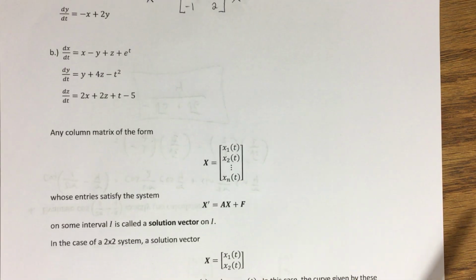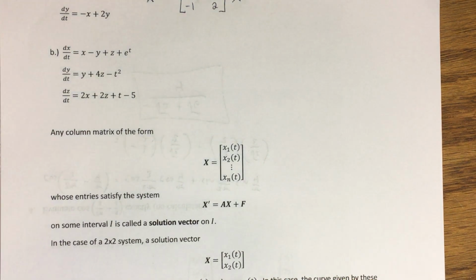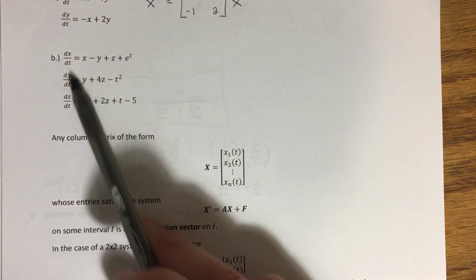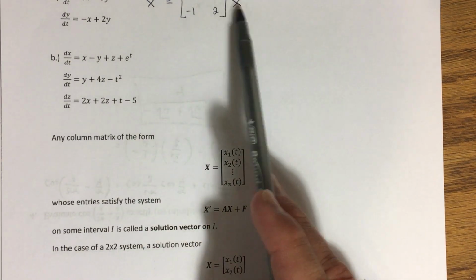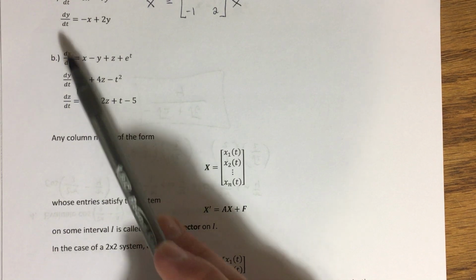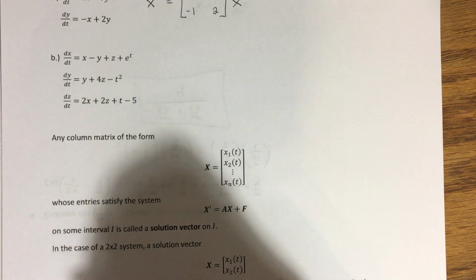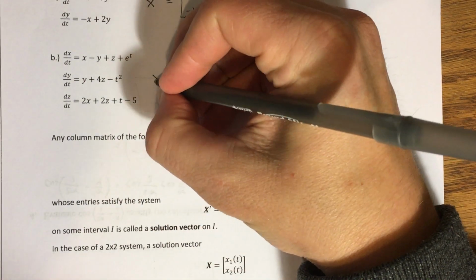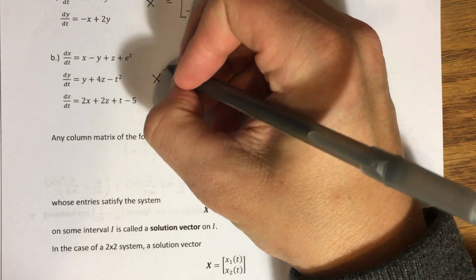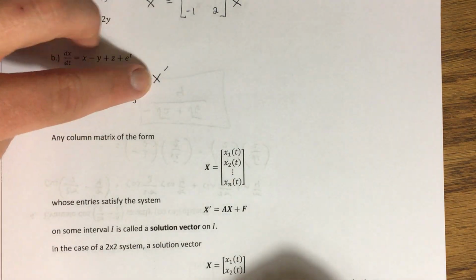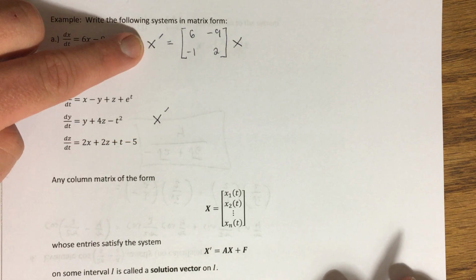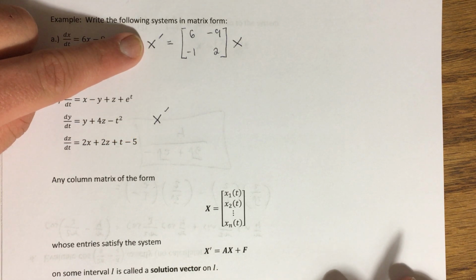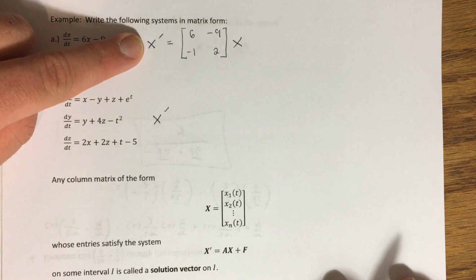Okay, let's look at a 3x3 system, which is a system of 3 equations with 3 unknowns. Same idea. This time my column matrix X will consist of x, y, and z as its entries, but I'm still going to just refer to the left-hand side as X prime. Now this X prime and this X prime are different matrices because this one is a 2x1 matrix consisting of the entries x and y.